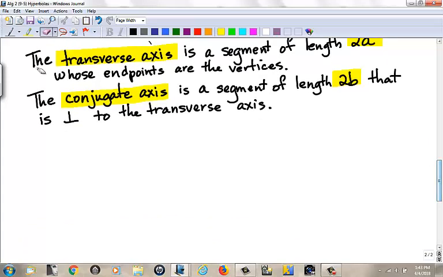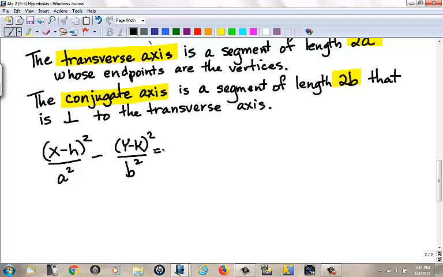If you're off the origin, there are two new formulas. Those two formulas are x minus h quantity squared over a squared plus, sorry, I'm so used to the ellipse, change that to a minus, minus the quantity y minus k quantity squared over b squared equals 1.